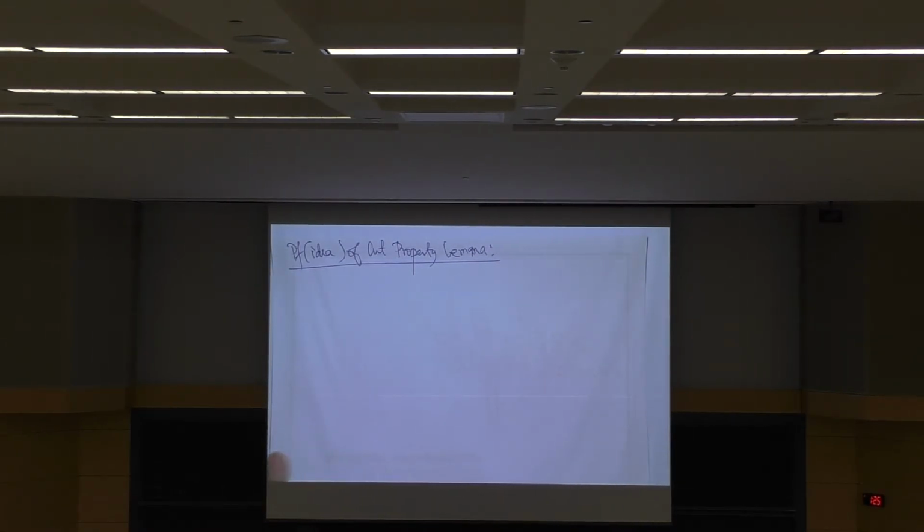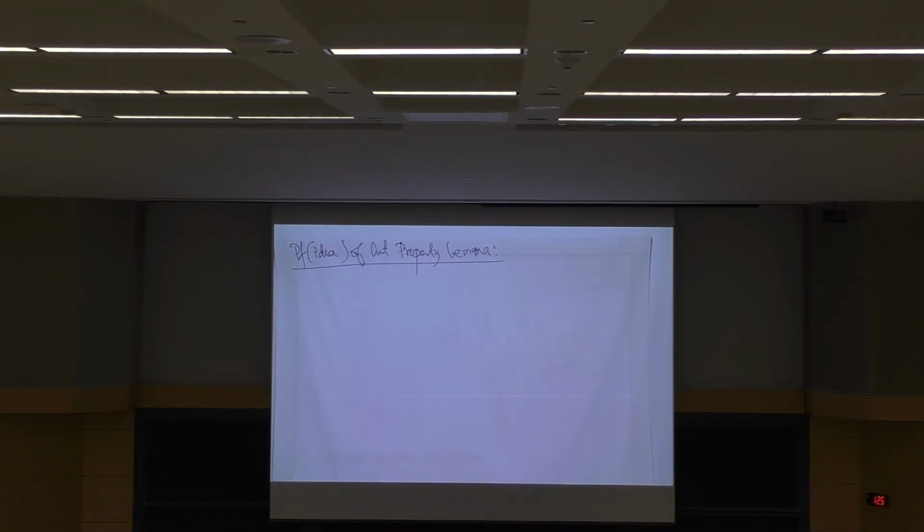Remember, the cut property lemma says, given a graph, for any cut, the cheapest crossing edge is present in all MSTs. So the negation of that is there exists a cut for which the cheapest crossing edge is not present in some MST.